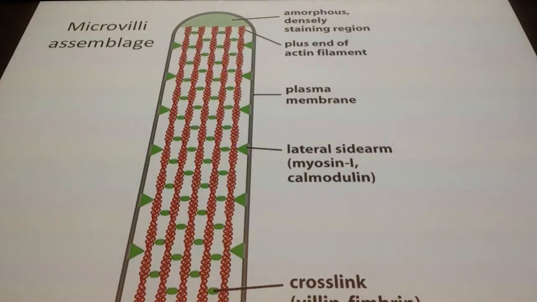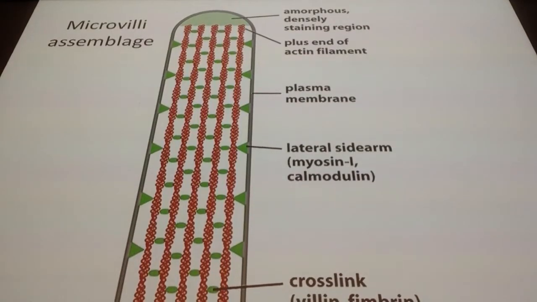If you have an organ that absorbs material, like the small intestine absorbing nutrients, large intestine absorbing water, then the increase in the surface area will increase the ability to absorb material. But the microvilli itself, its function is not absorption.